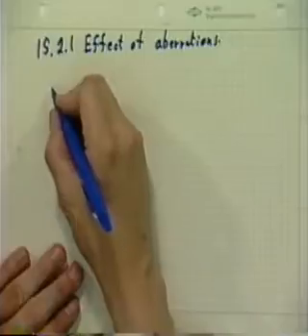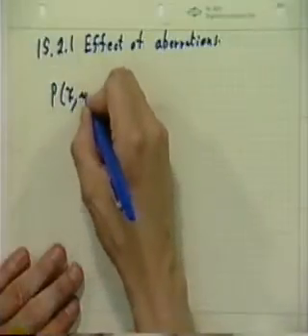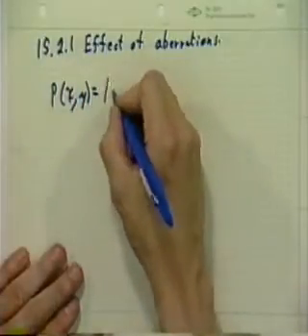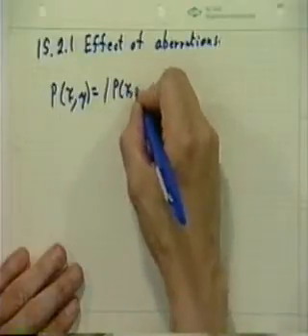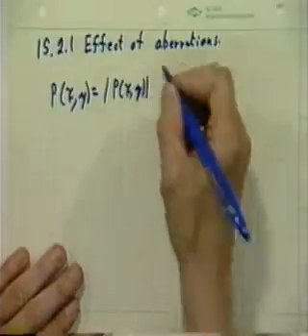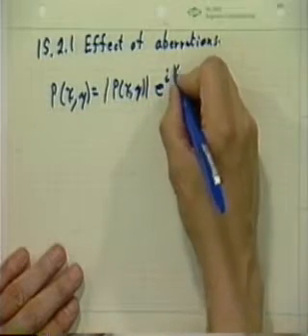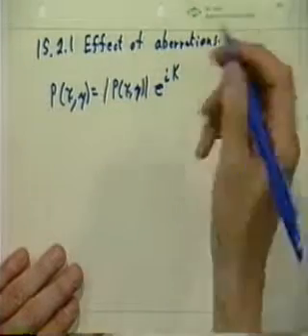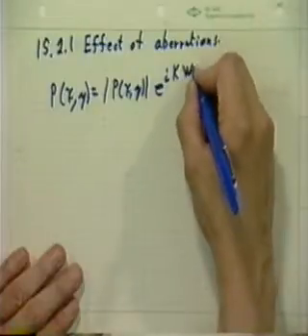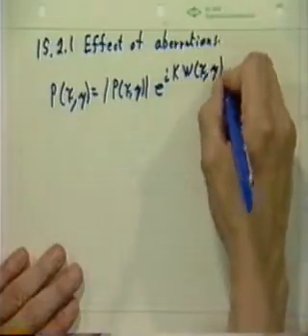And so we have some pupil function, P of x and y. And I'll write that as a modulus times e to the i phase. And so the phase I'll write as e to the i k, 2 pi over lambda, times whatever the wavefront aberration is, W of x and y.